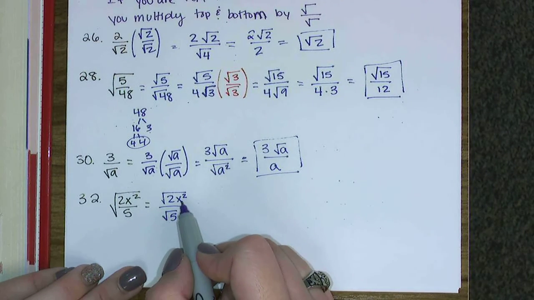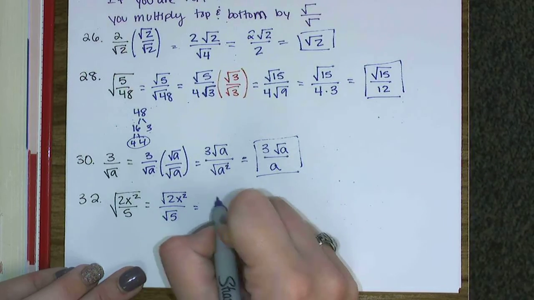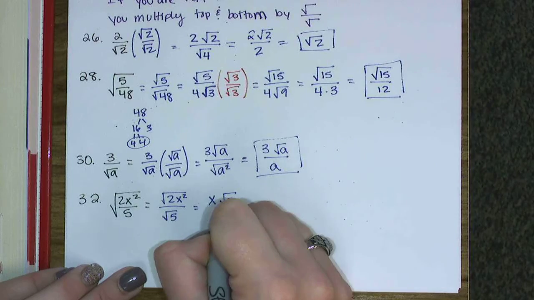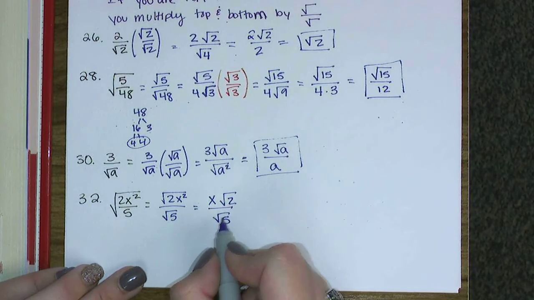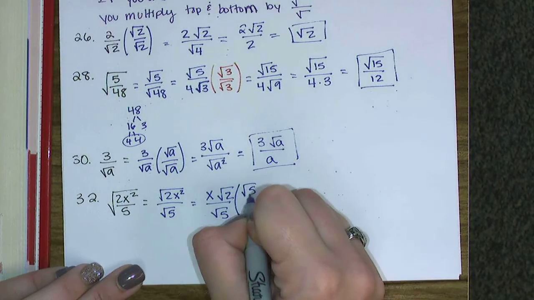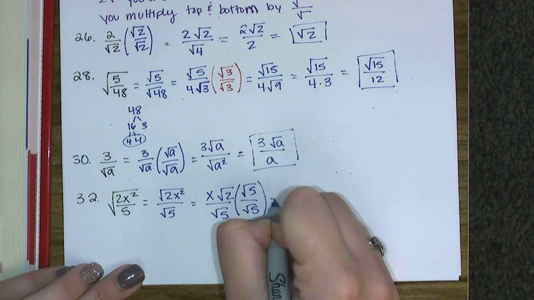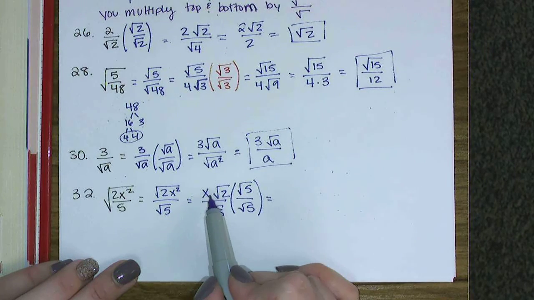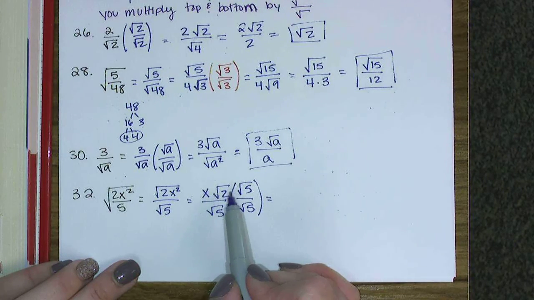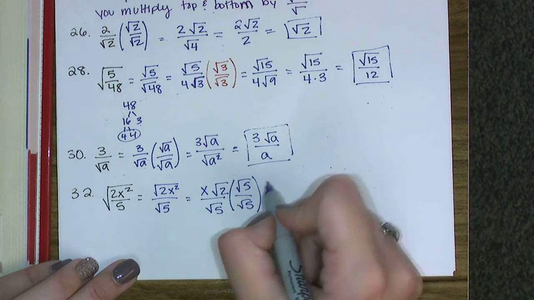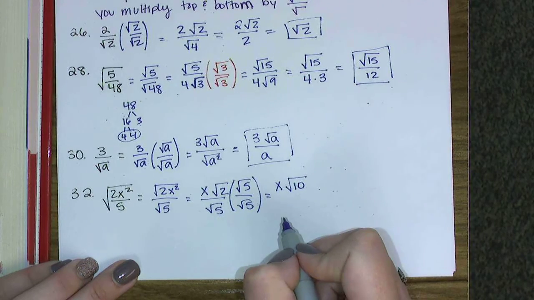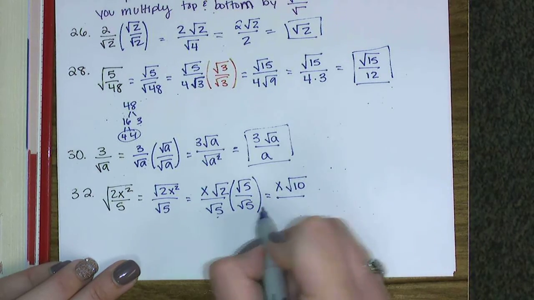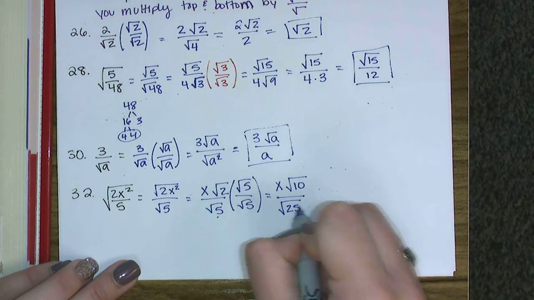I've got to get rid of this radical on the bottom, so I'm going to multiply by the square root of 5 over the square root of 5. x times the square root of 2 times the square root of 5 is going to give me the square root of 2 times 5, which is 10, all over the square root of 5 times the square root of 5, which is the square root of 25. So x times the square root of 10 over the square root of 25, which is 5, is my answer.